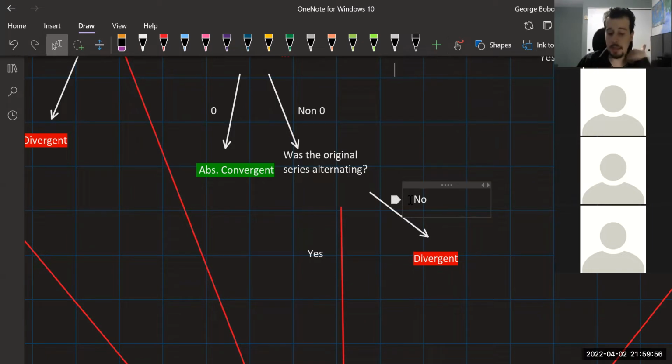Basically, you're checking for absolute convergence and conditional convergence at the same time because your series is not alternating. So that's what's going on right now.